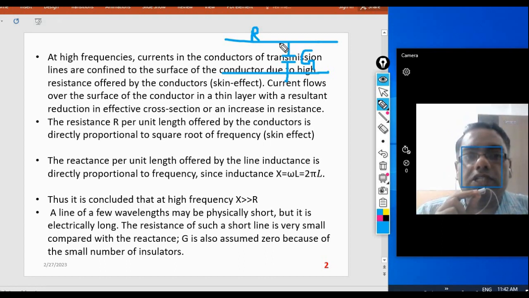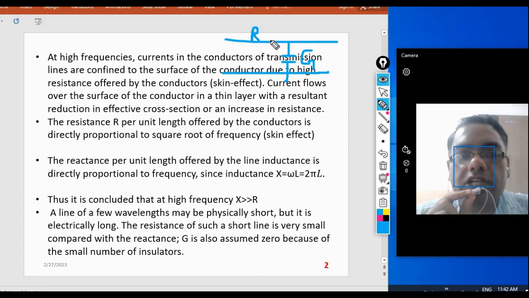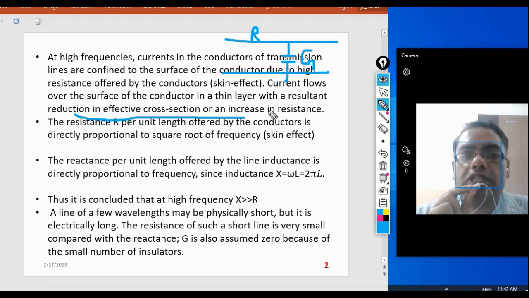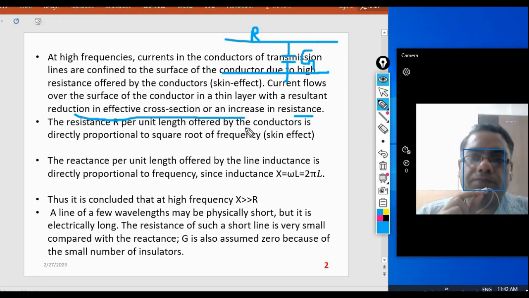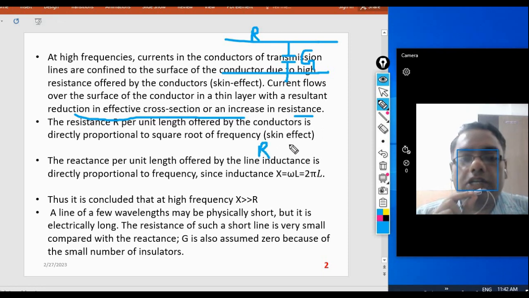It does not go inside the conductor, so the cross section area decreases, and there is an effective reduction in cross section. If the cross section decreases, the resistance offered by the conductor increases. Analytically, it can be shown that the resistance offered by the conductor is directly proportional to the square root of the frequency of the signal.